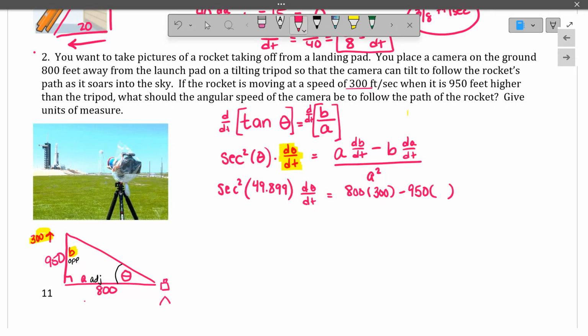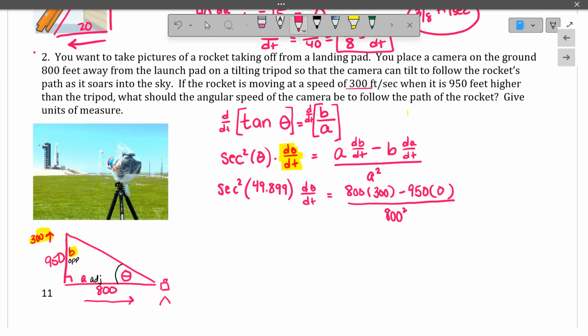Well, dA dt is the rate of change of this side length, and it's not changing. That camera is on a tripod. It's just stuck in the ground. So dA dt is 0. And then all over A squared, which is going to be 800 squared.